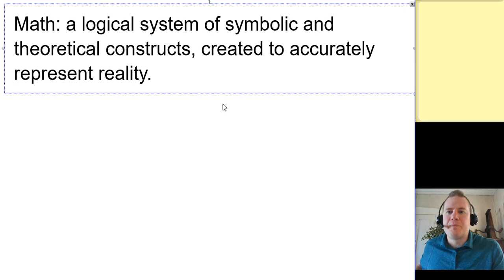Math is a logical system of symbolic and theoretical constructs created to accurately represent reality.